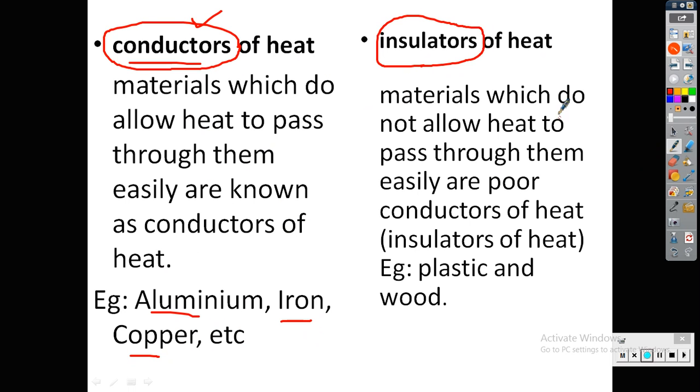The materials which do not allow heat to pass through them are called insulators. Plastic: heat will not easily pass through plastic. Wood will not allow heat to pass easily. So a material which does not pass heat easily is called an insulator, and a material which passes heat through it is called a conductor.